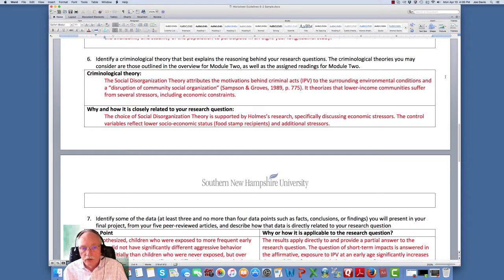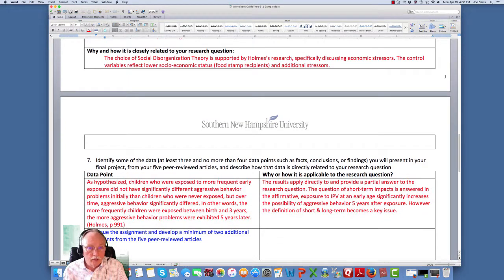Because the choice of social disorganization theory is supported by Holmes's research, specifically discussing economic stressors. The control variables reflect lower socioeconomic status, food stamp recipients, and additional stressors. All of this information has been researched and written about prior to this assignment. So you're just analyzing, evaluating, and compiling the information that you've already, for the most part, researched.